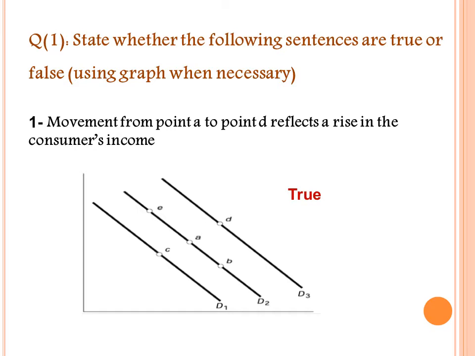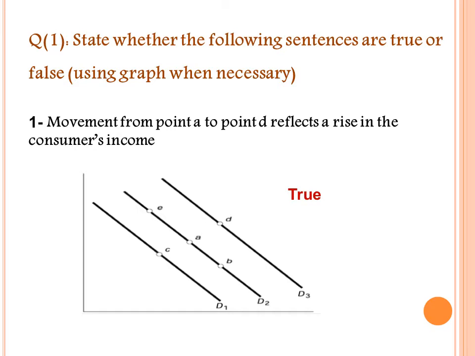When the demand curve D2 shifts upward to D3, this could be due to the rise in the consumer income. So, when the consumer income increases, the demand for the product increases and the whole demand curve will shift rightward.